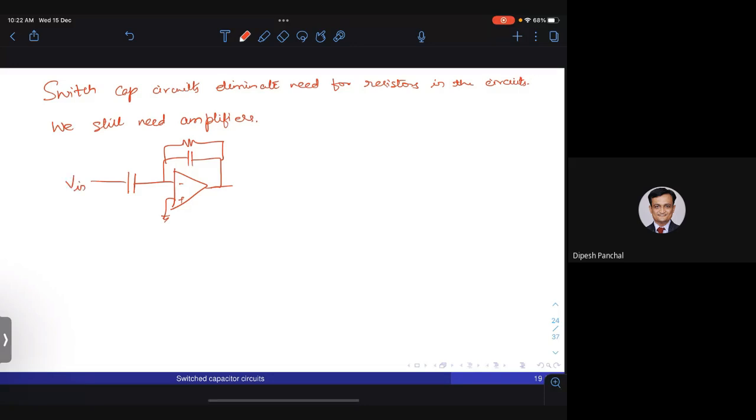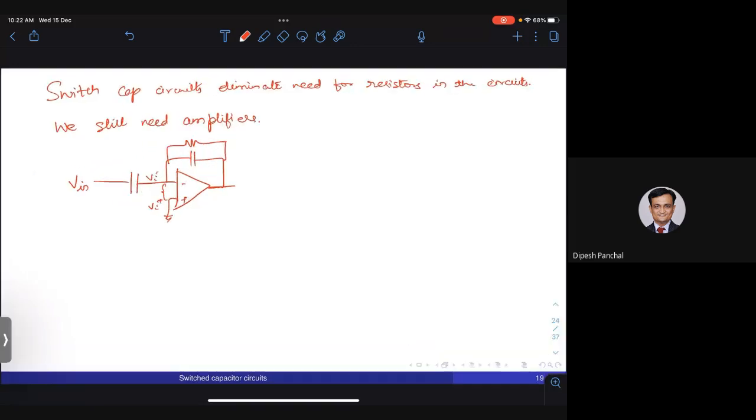Basically, the op amp integrates the difference between Vi plus and Vi minus. It drives the output node by integrating the difference between Vi plus and Vi minus. Because it is connected in feedback, it integrates until the difference Vi plus minus Vi minus becomes 0.